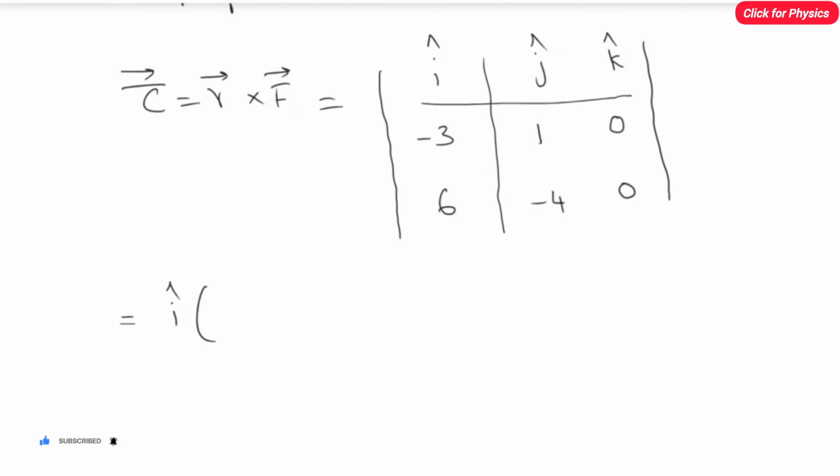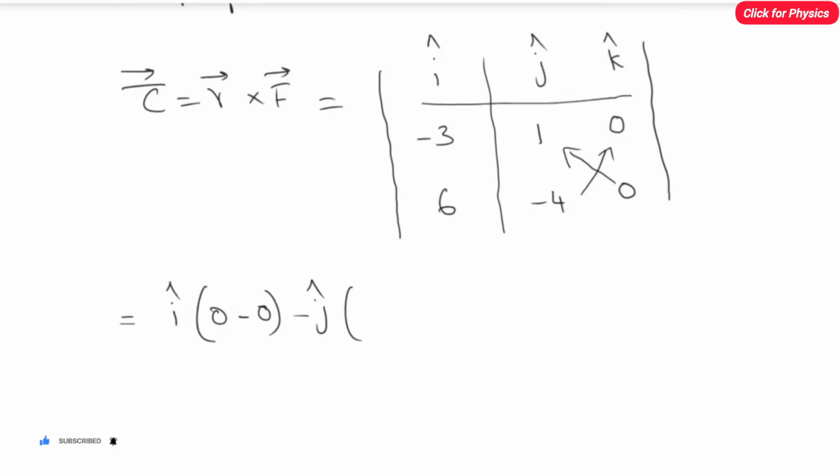We multiply this in this direction, and then minus this multiplication. So 0 multiplied by 1 is 0, minus of minus 4 multiplied by 0 is 0. So this term becomes 0. Now we come to j cap, and j takes the value of minus, so I write minus j cap.